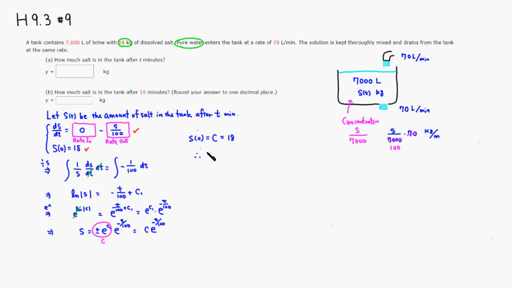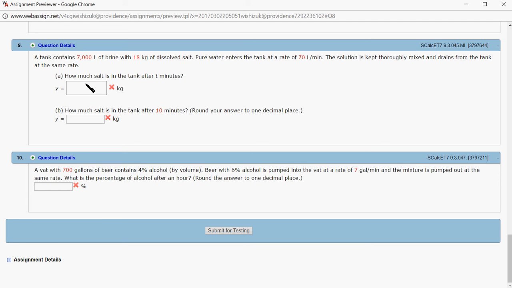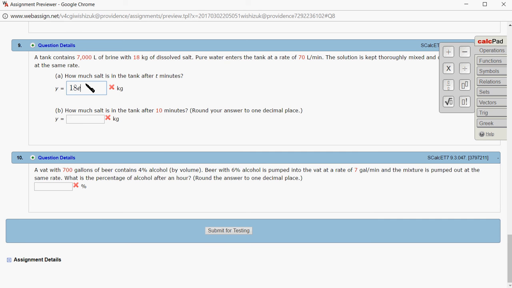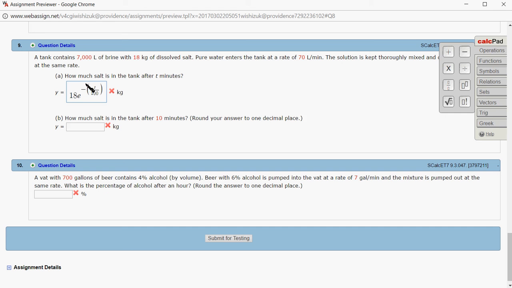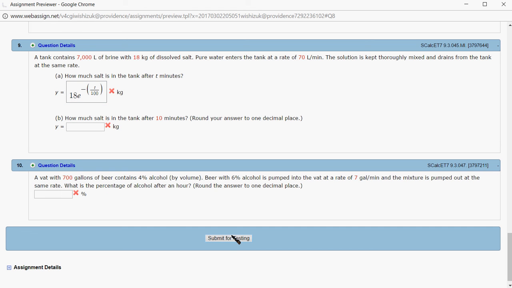So I got S of t is equal to 18 e to the negative t over 100. I should have used y, but I used S. So let's type it in: 18 e to the negative t over 100. All right, let's submit for testing.